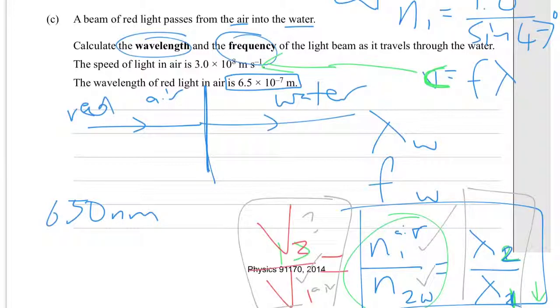We don't know the speed of light in water. We've got the wavelength in air and the wavelength in water. Well, if we use the information from above, we can calculate that, and we can also calculate that. It's just rearranging the equations.